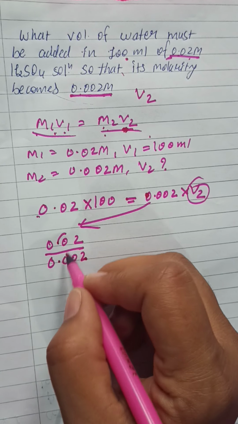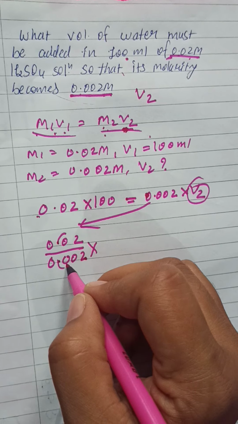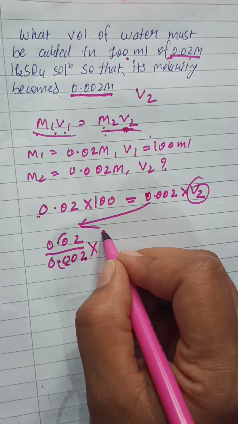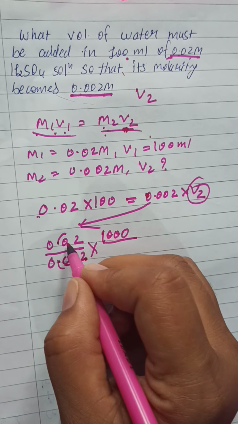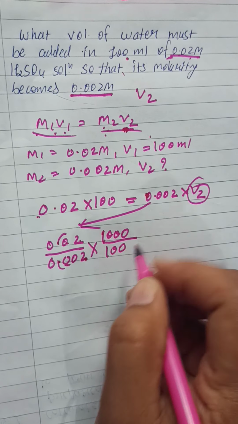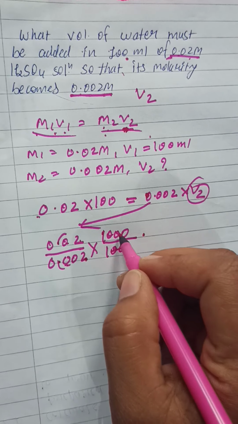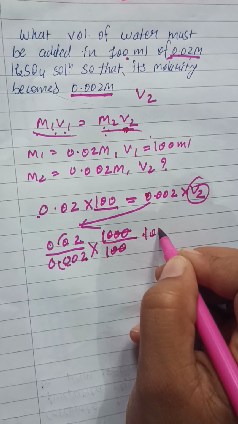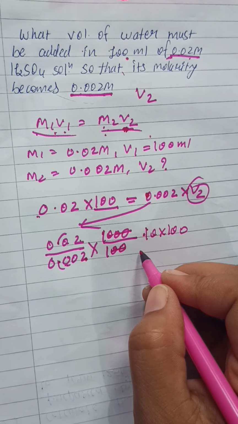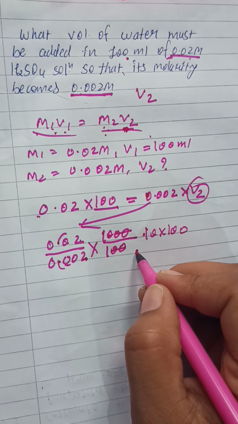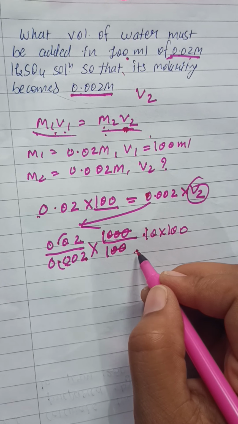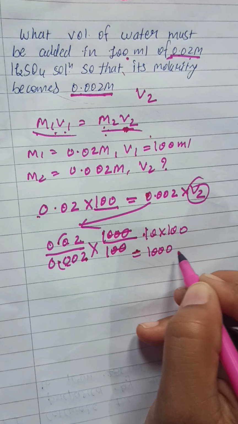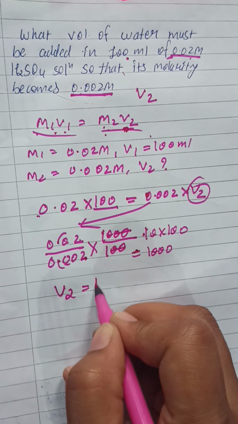When we remove the decimals, there are 3 digits after the point, so 1000 upon 100. It will cancel, then 10 and 100 remain here. So 10 into 100 will become 1000. So V2 is 1000 ml.